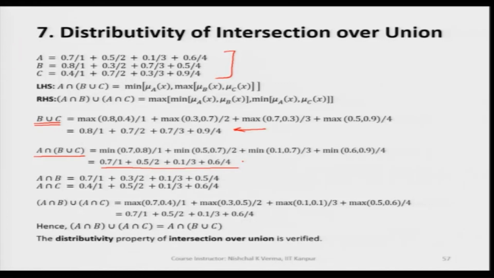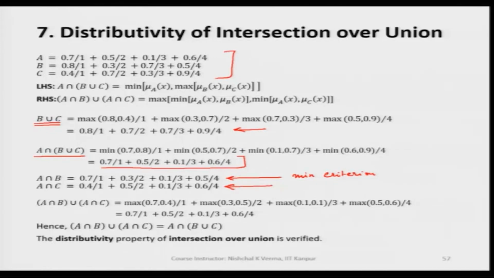So, this way we have the outcome, and now we need to find A intersection B and A intersection C. A intersection B, after applying the min criteria, gives 0.7/1 + 0.3/2 + 0.1/3 + 0.5/4.